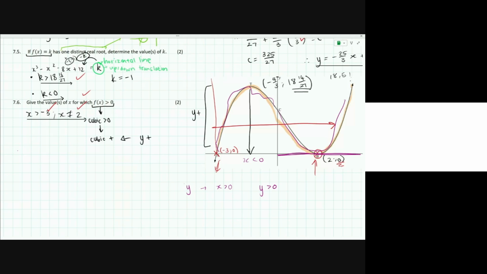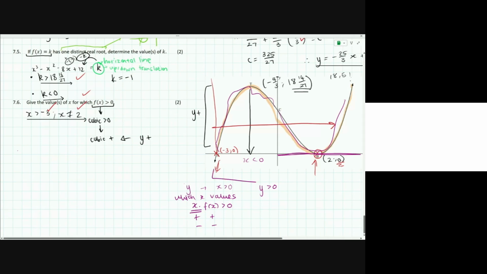or they will ask you within an inequality where they say x times f of x greater than 0. They'll still ask you for the x values, but then you still have to look at the x values to figure out what's happening there. So for example, it would say for which x values is x times f of x greater than 0. Essentially, you either have to have a positive times a positive or a negative times a negative.